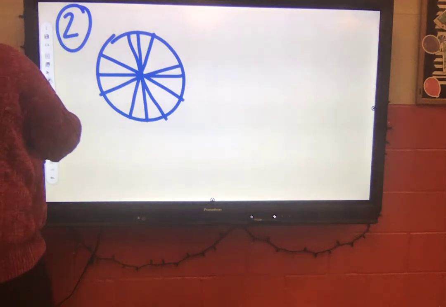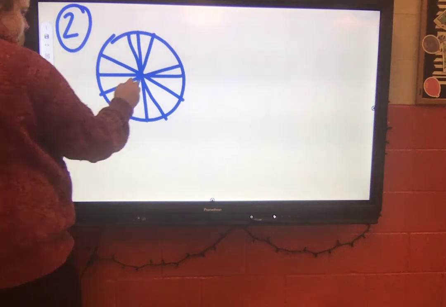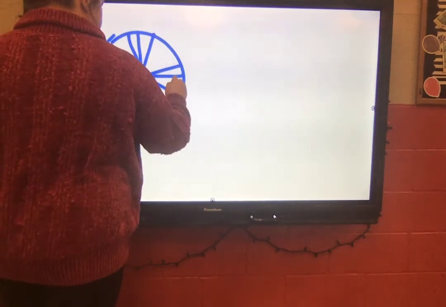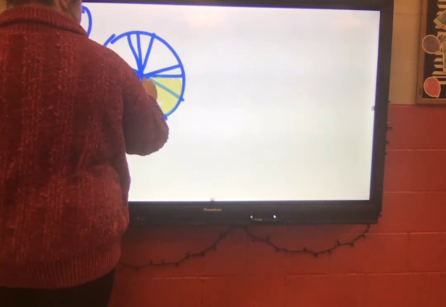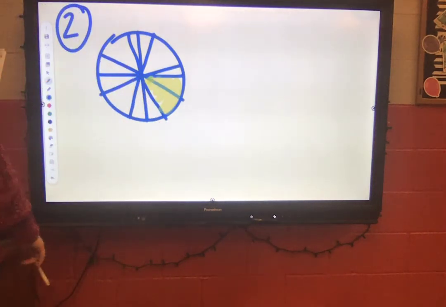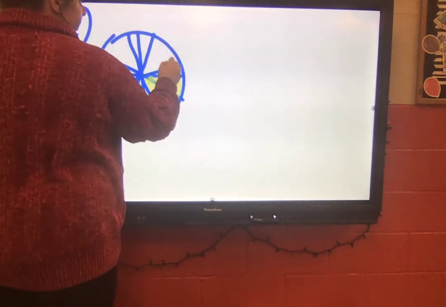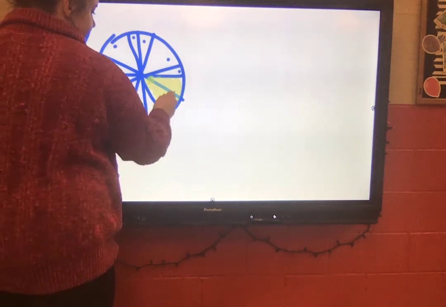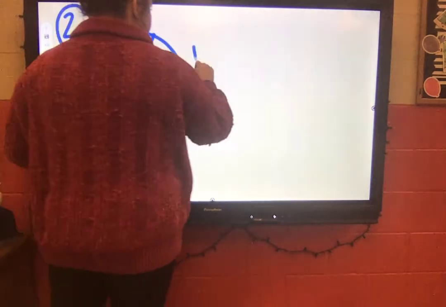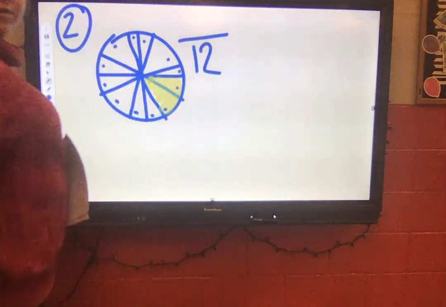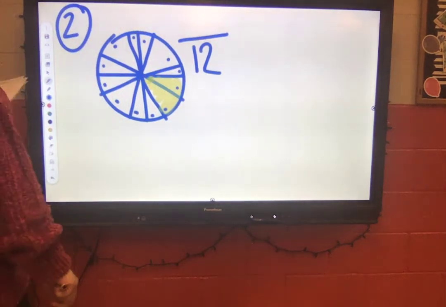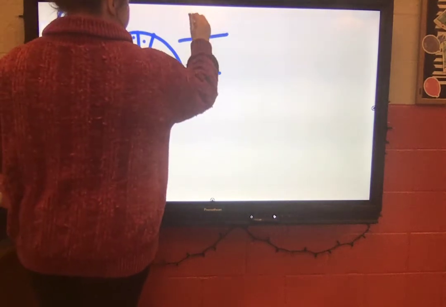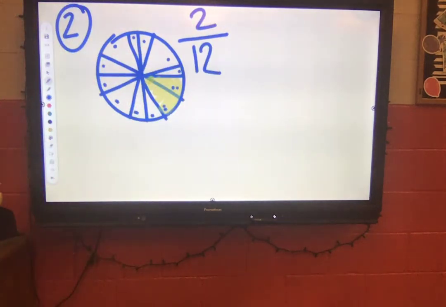So now I'm going to color it in. I'm going to use a highlighter. That way it doesn't go through. We'll highlight these. Okay, so now I've got to figure out my fraction. How many pieces are there total? 1, 2, 3, 4, 5, 6, 7, 8, 9, 10, 11, 12. So my denominator is 12. Now my numerator is the colored in pieces, and we have 1, 2. So that's my fraction, 2/12, 2 over 12.